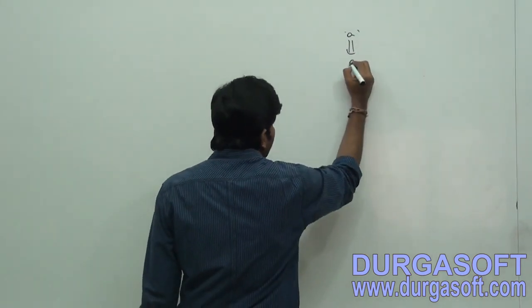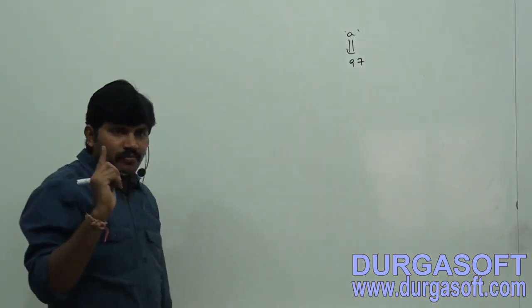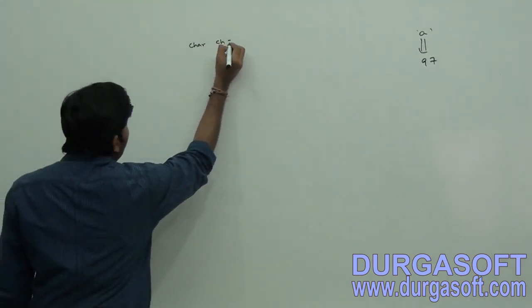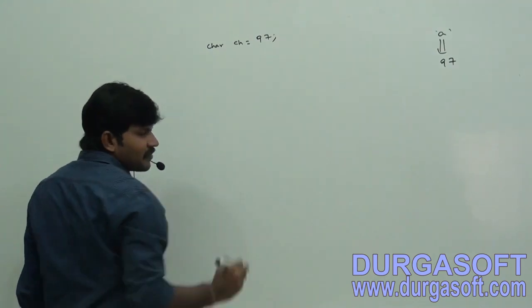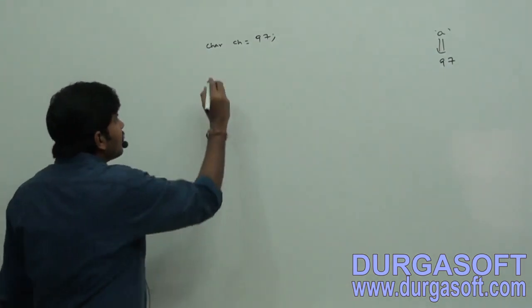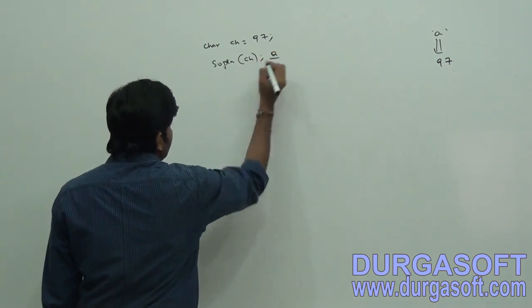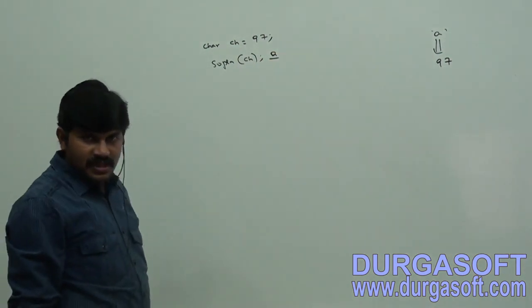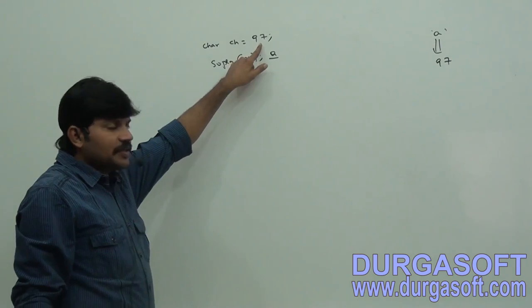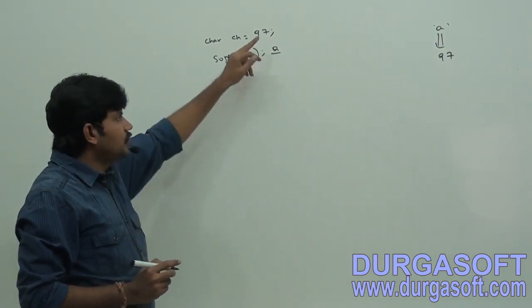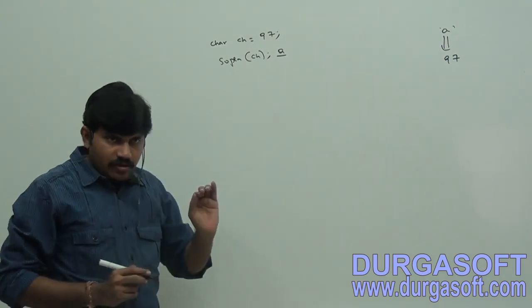We can specify a char literal as an integral literal. char ch = 97; System.out.println(ch). Now do you know what answer we are going to get? 'a' only.